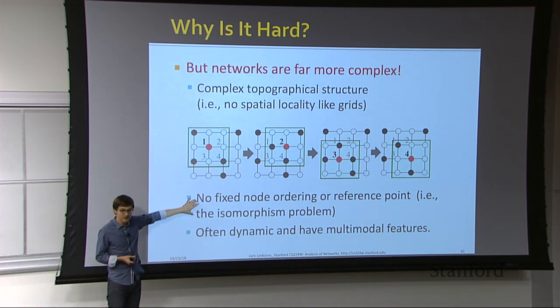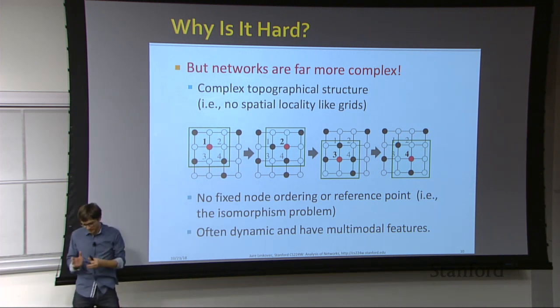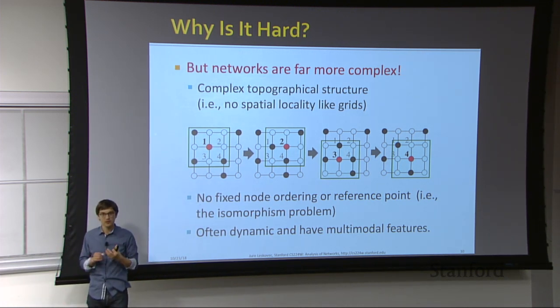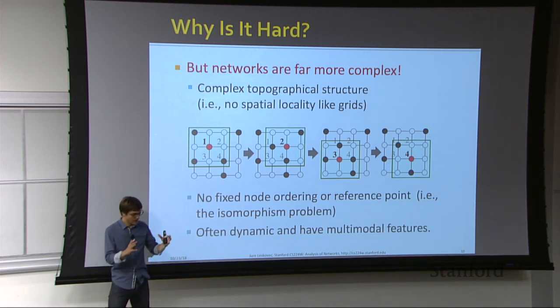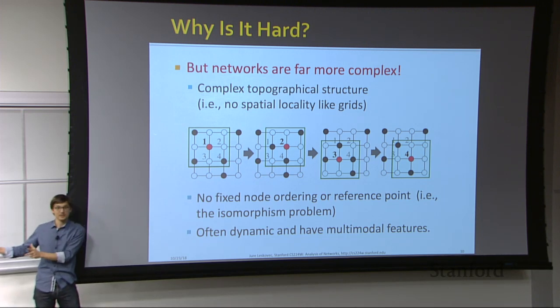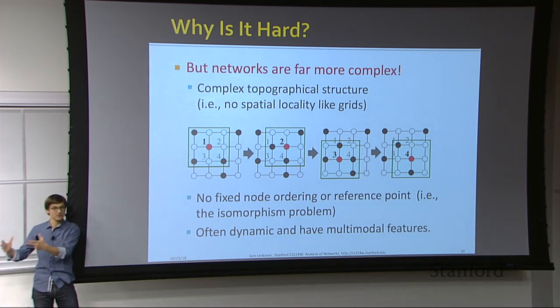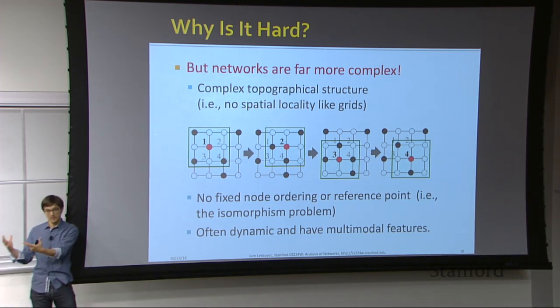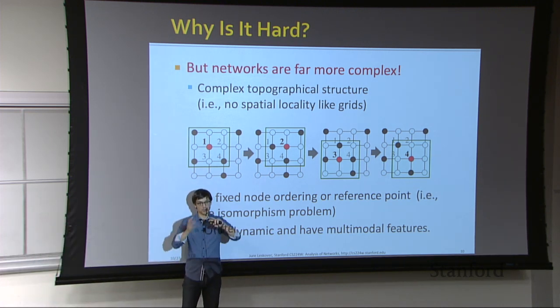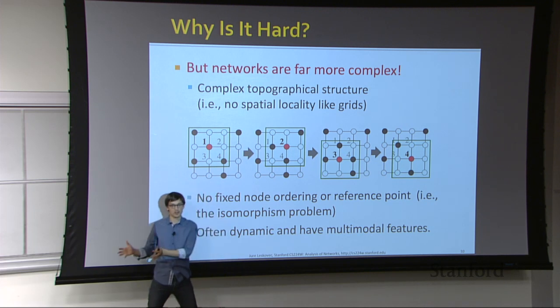The other thing that is important, for example, to distinguish between graphs and, let's say, images is that in graphs, there is no fixed node ordering, right? I can have an adjacency matrix, I permute its rows and columns, that's still the same graph, even though the matrix will look totally different, right? In the image, if I permute rows and columns, if I scramble them, that's not the same image anymore.